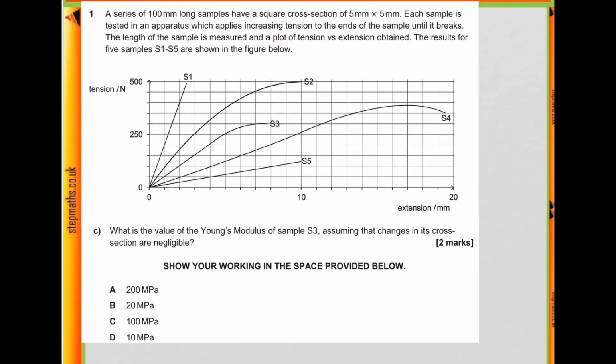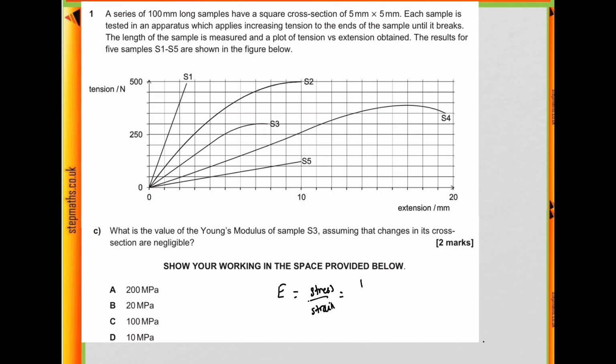Okay, so in this question we want to figure out the Young's modulus of sample 3, this sample here. We can assume that the cross-sectional area does not change. Let's remember our formula for Young's modulus. I'm going to denote it by the letter E. This is stress over strain.